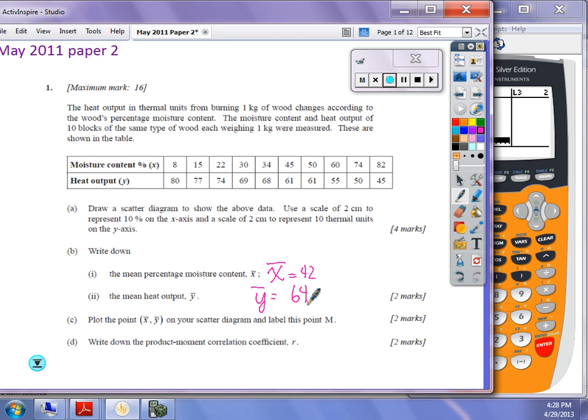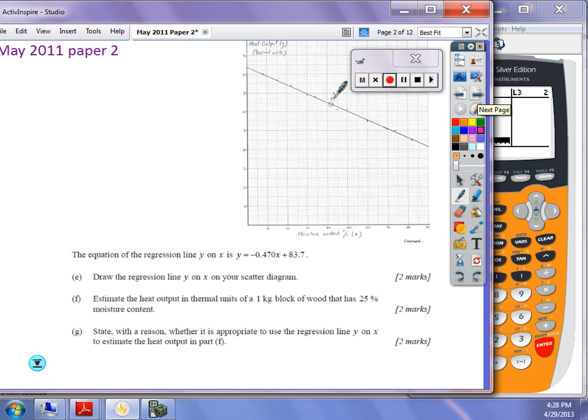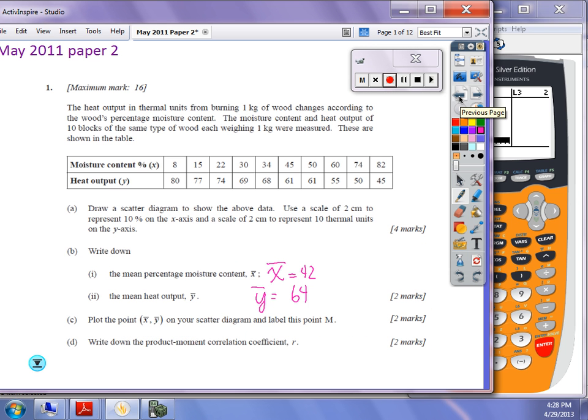Plot the point X bar, Y bar on your scatter diagram and label this point M. This is very clearly stated that your M needs to be marked. Definitely circle that point and label it M. It needs to be labeled to get full points.